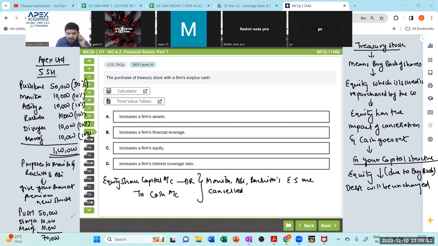What did I do by this? 10 divided by 70 made their share 14% each. And Pushkar's share became 50 divided by 70, which is 71%. Automatically, Pushkar now controls the company by buying out Monica, Aditya, and Rachita.